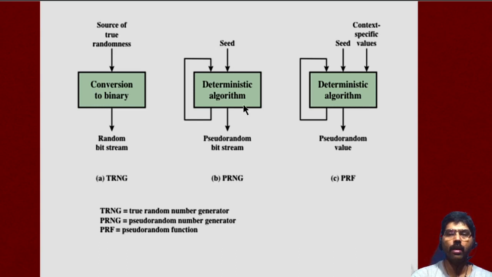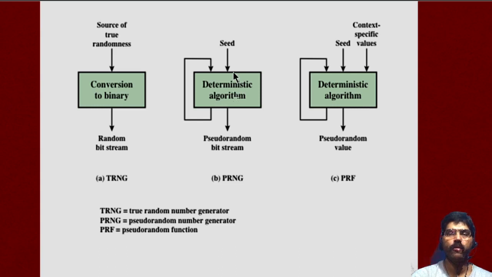If anybody knows the algorithm and the seed value, they can easily produce the sequence of random numbers. That means if you give the same seed to this algorithm, it generates the same sequence of random numbers. It is easy for the opponent.